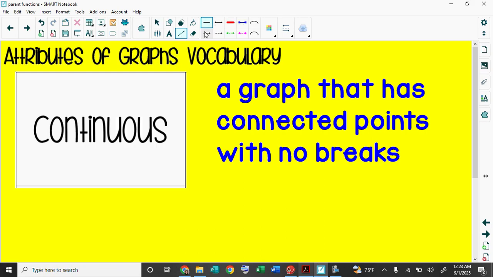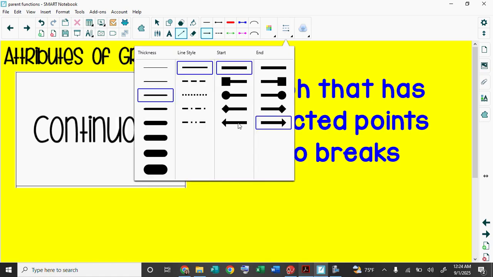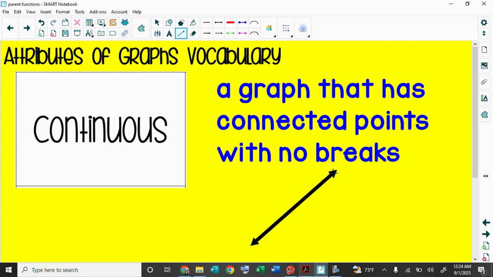And so that would be like a line. A line has connected points and doesn't have any breaks. So pause the video if you need to get that on there.